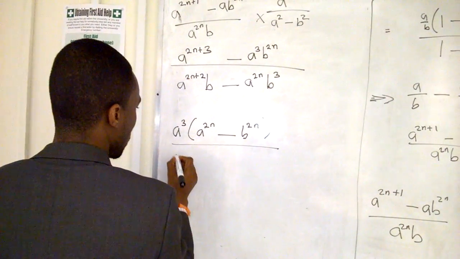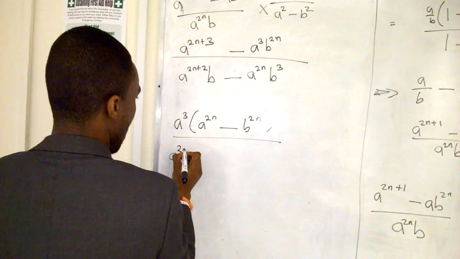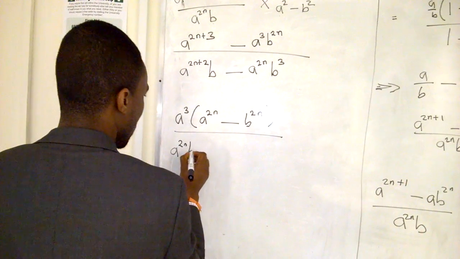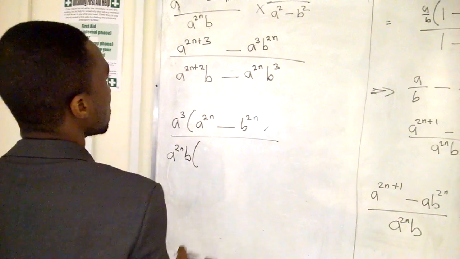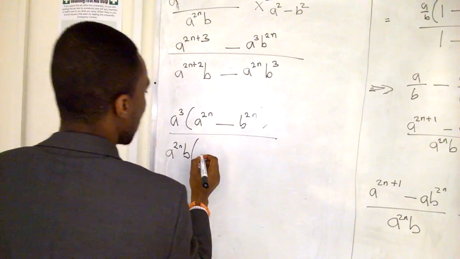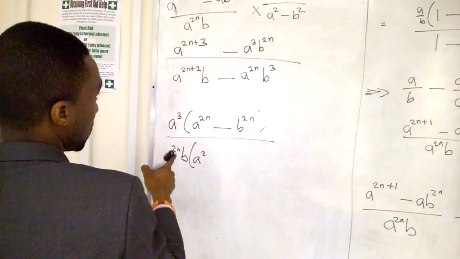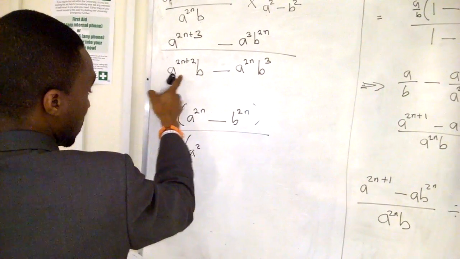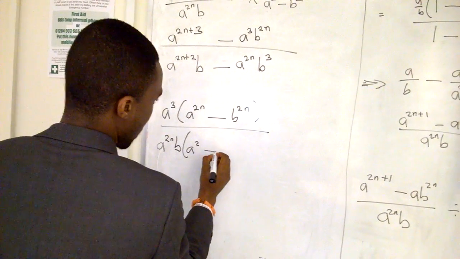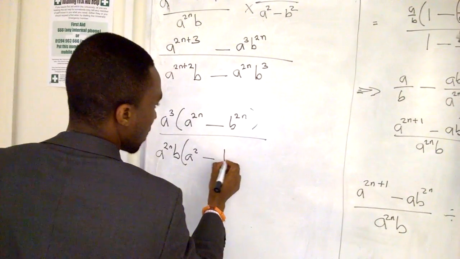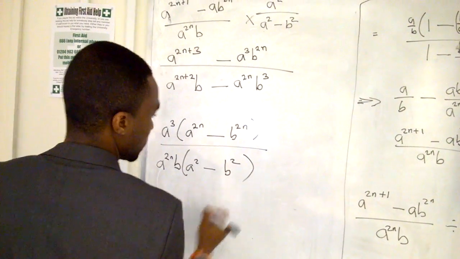So a squared n b bracket. What I will have here is a squared on this side, b is gone, a squared n is gone, minus a squared and b, so all I will have here is b squared.